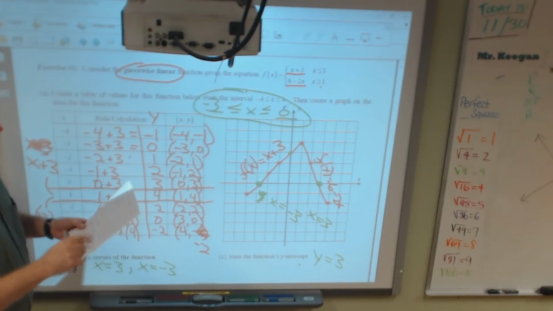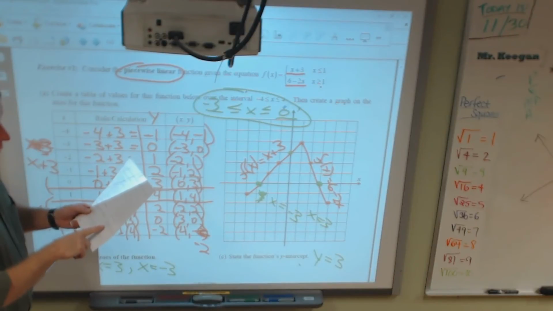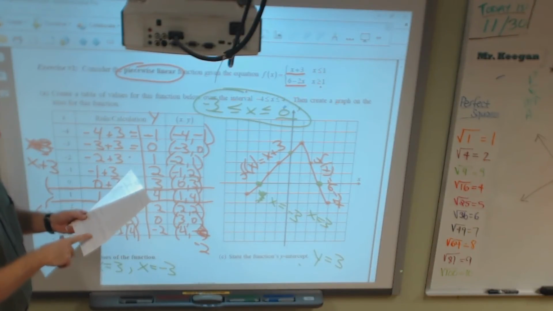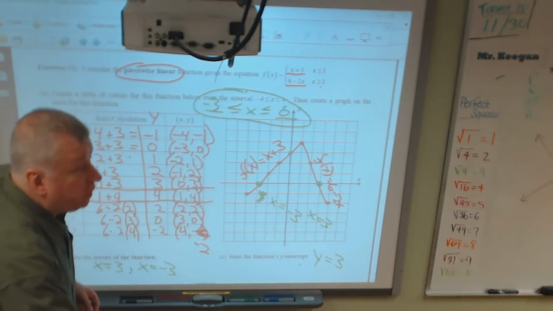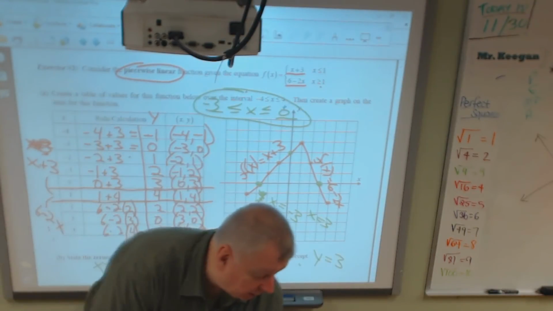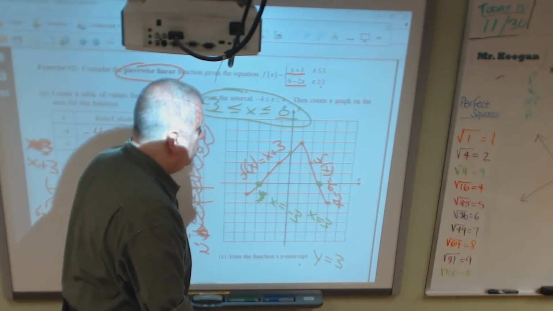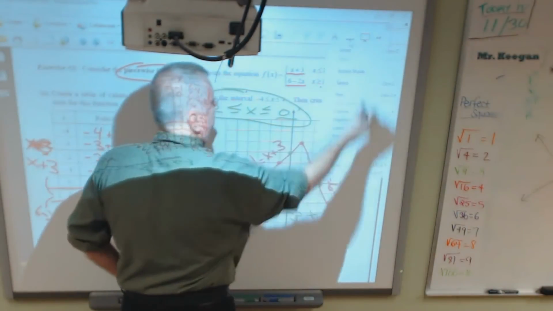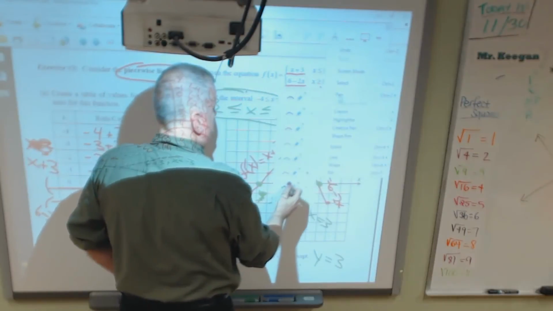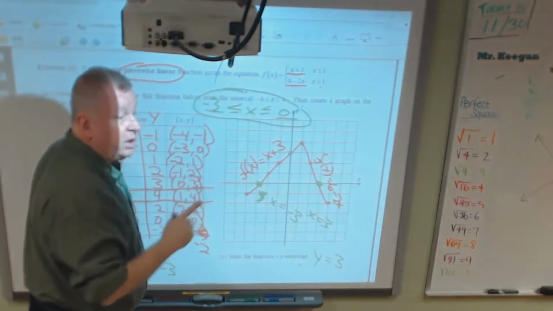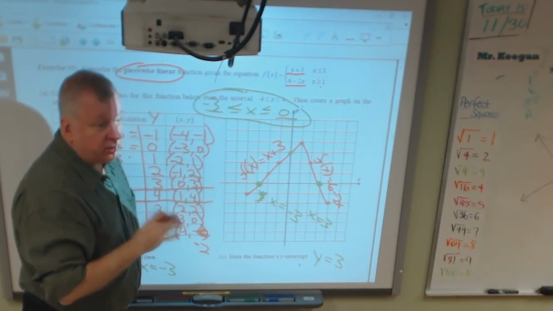Then it says, give the coordinates of the one turning point and classify it as either a relative maximum or relative minimum. There's only one turning point here, right? What's the turning point here? Where does the line change directions? That's what a turning point is.